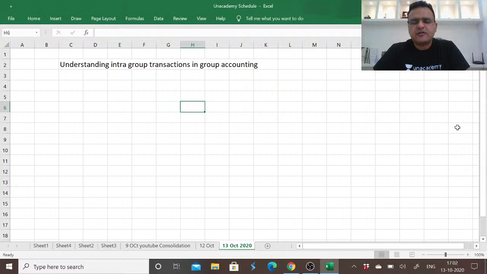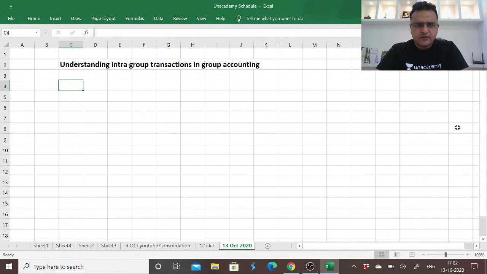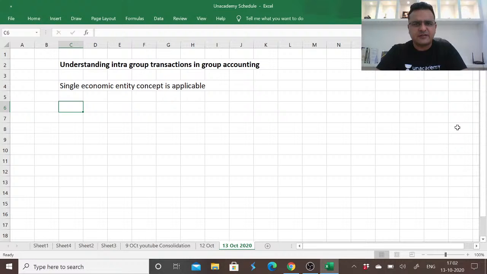Now when we are consolidating the financial statements of two entities, we are treating them as a single entity. So the single economic entity concept is applicable, wherein we treat the results of two financial statements as one.